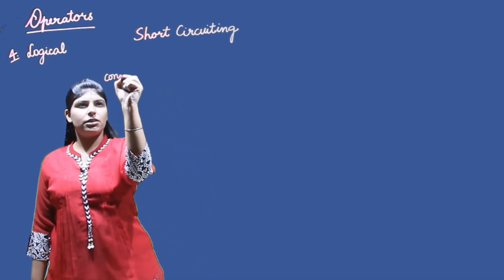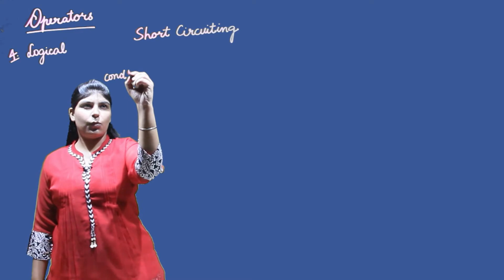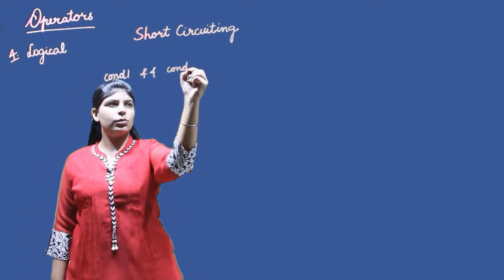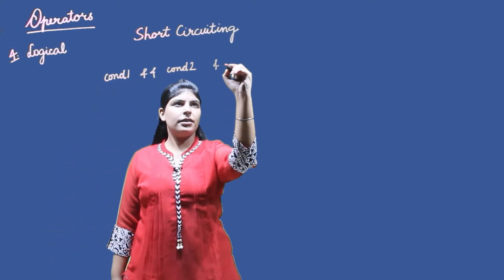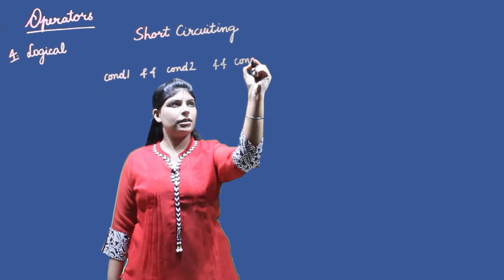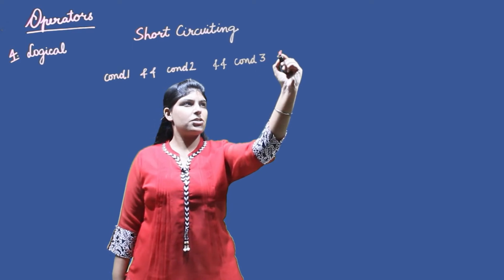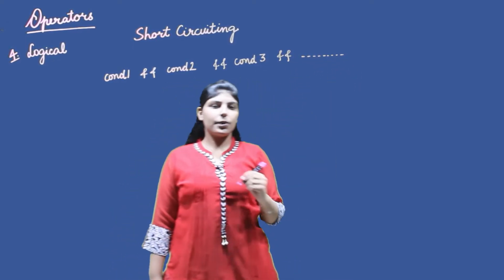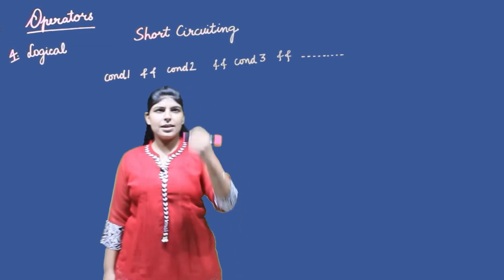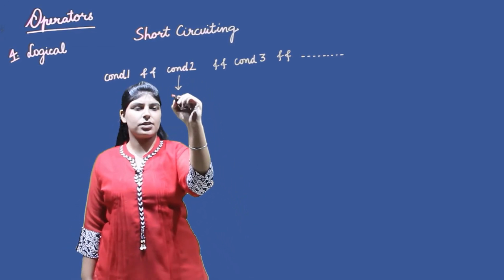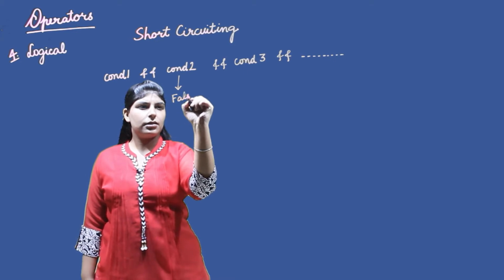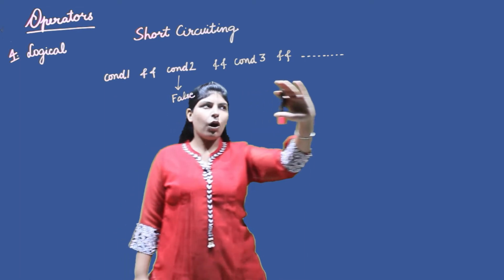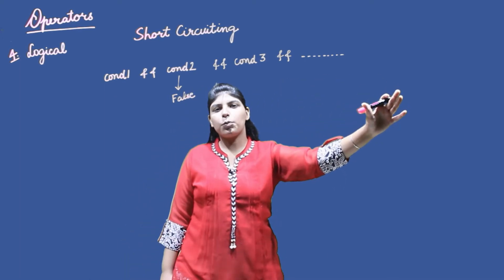Suppose I have condition 1 and condition 2 and condition 3 and so on. In this case, whenever I see any condition whose output is false, if I have condition 2 as false, even if all these conditions are true, the output cannot be true.